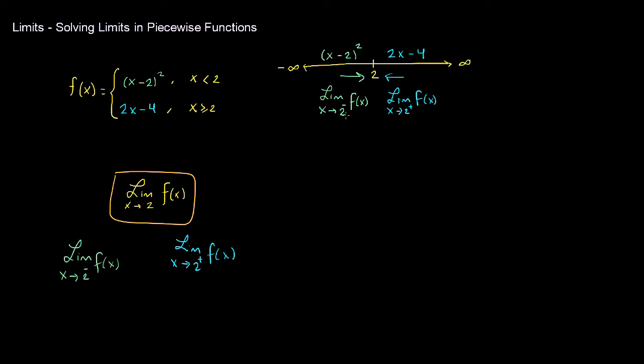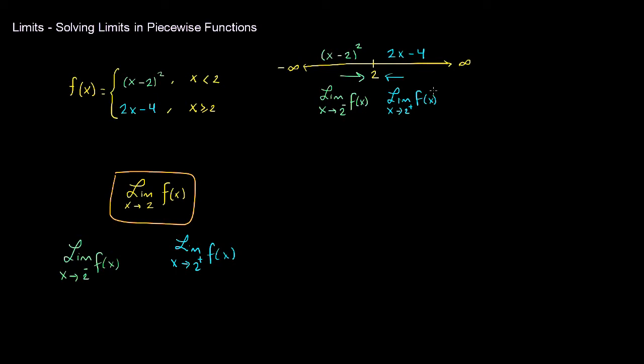So let's find these two, the green and the blue one. As you can see here from the graph, if we approach from the left, using this x approaches 2 from the left, we will require using this piece of the function here, the (x minus 2) squared.